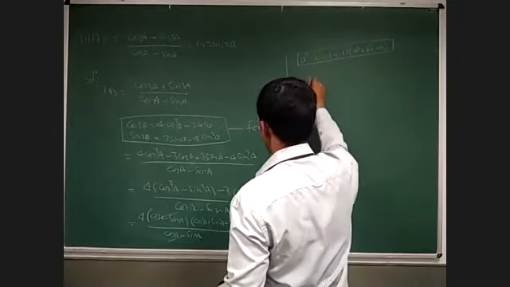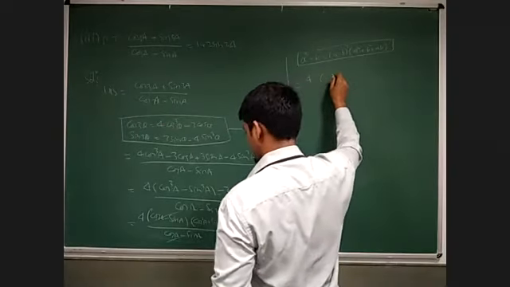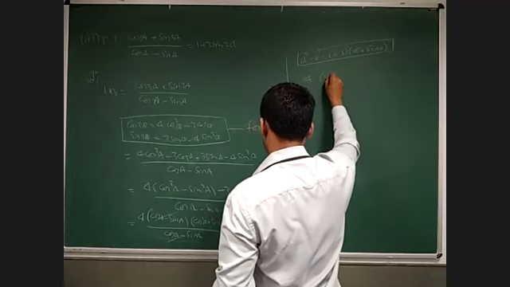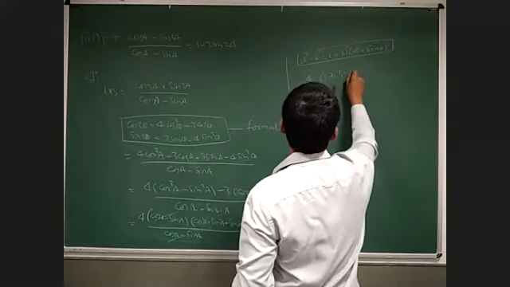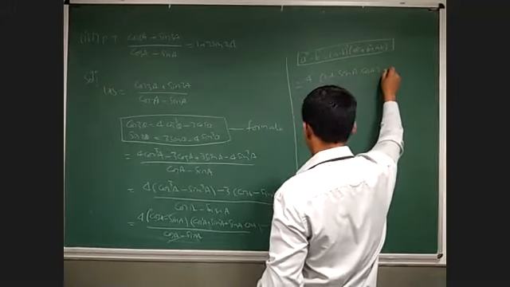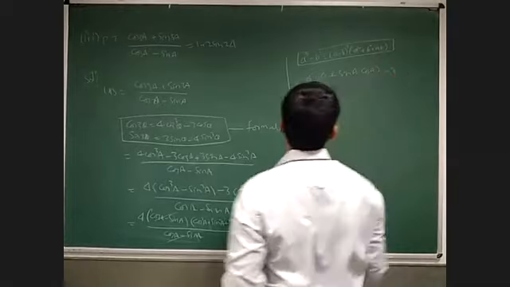So here I will have 4 (1 plus sin a cos a) minus 3.